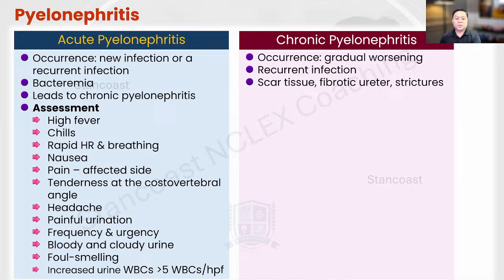Now here, this is the type of pyelonephritis wherein there is tissue scarring and also the formation of fibrosis in the ureter and also the formation of strictures. It's no fun because if there is now narrowing of the passageway in the ureter, well, it will make the urination process much harder, especially draining the urine from the calyces into the bladder where it's supposed to be collected.